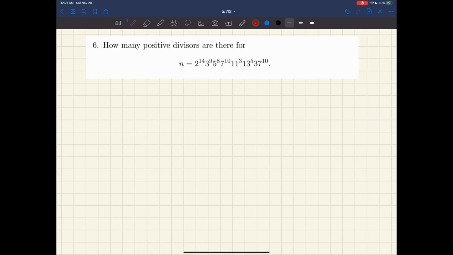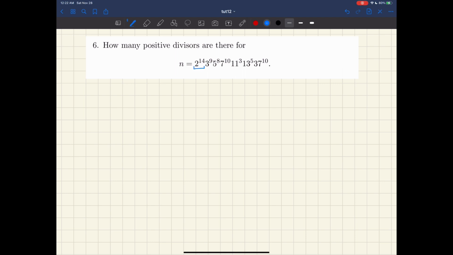Now moving on to the sixth question, we have: how many positive divisors are there for n equals 2 to the power 14, 3 to the power 9, 5 to the power 8, and so on? So how do you find a divisor? Since we are already given the prime factorization of n, any combination of these numbers would be a divisor.